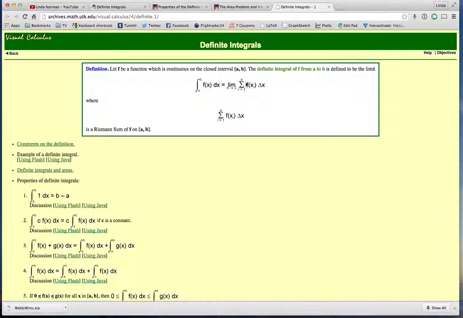If you haven't seen it before, this capital sigma means sum, 1 to n, f evaluated at the x, the point of each rectangle that touches the function, times delta x, which is the width of each rectangle, technically. And when we do that, we get the area under the curve, and that's what we're defining as the definite integral. I will continue this video in part 2.